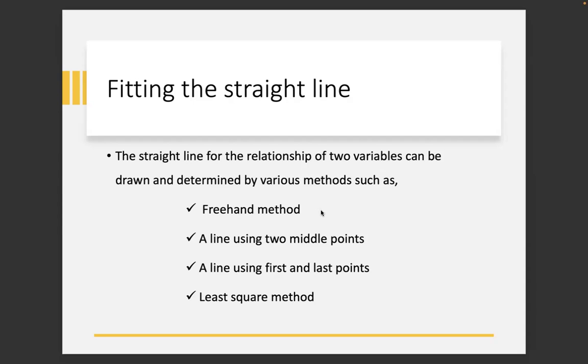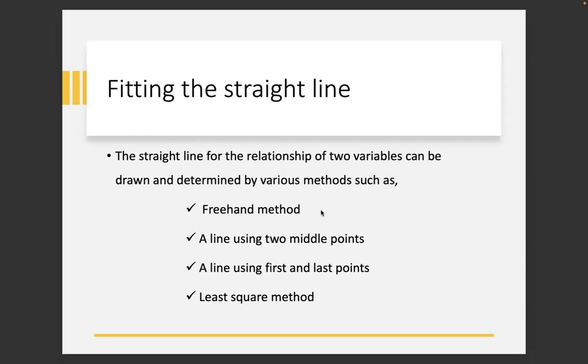The second one is a line using two middle points. Then the third one is a line using first and last points. The fourth one is the least square method. These are the four.